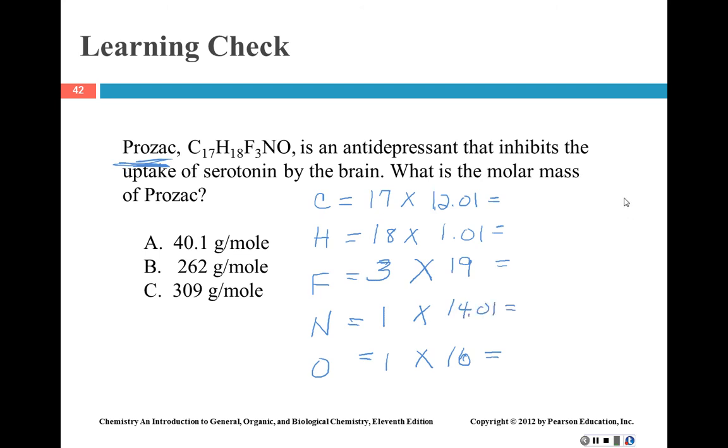Now we go to our calculator, and 17 times 12.01 is 204.17. 18 times 1.01 is 18.18. All these are grams. 3 times 19 is 57.